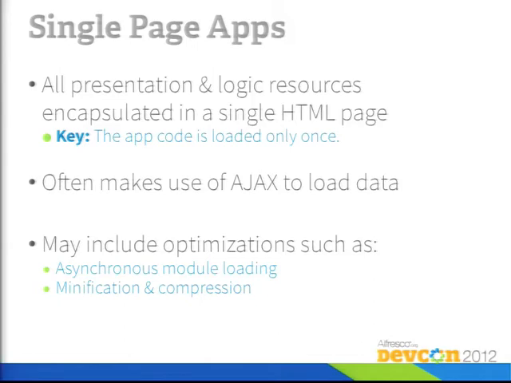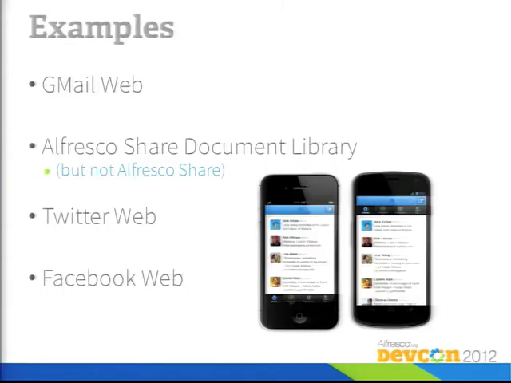Single-page apps may include some optimizations, such as asynchronous module loading, which I mentioned previously, and minification and compression, all just to mitigate network latency issues and those types of things. We've used quite a few single-page apps, both on mobile devices and on the web, and these are just a couple of examples in the consumer world that we're comfortable with and have used quite a bit. So Gmail.